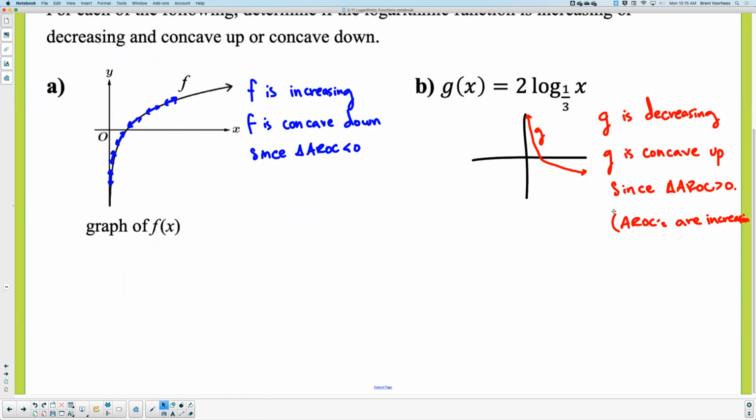If delta AROC is greater than 0, that means the AROCs themselves are increasing. And over here, if delta AROCs are negative, that means the average rates of change themselves are decreasing. That's all that means. So that was a review from Unit 1. I don't want you to forget Unit 1 stuff.